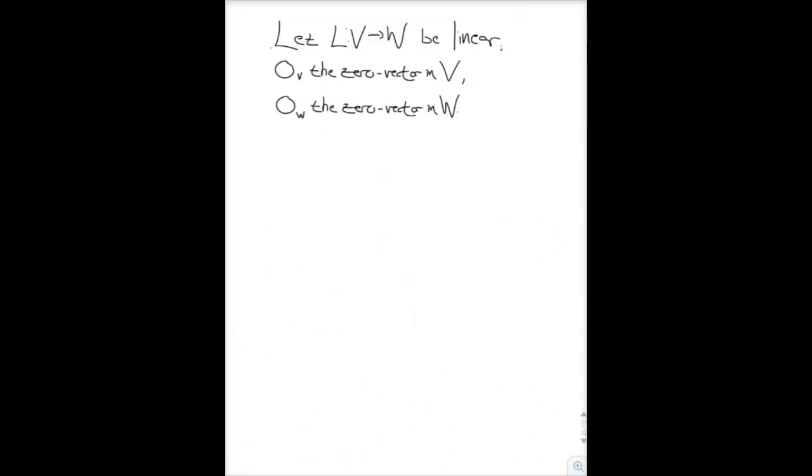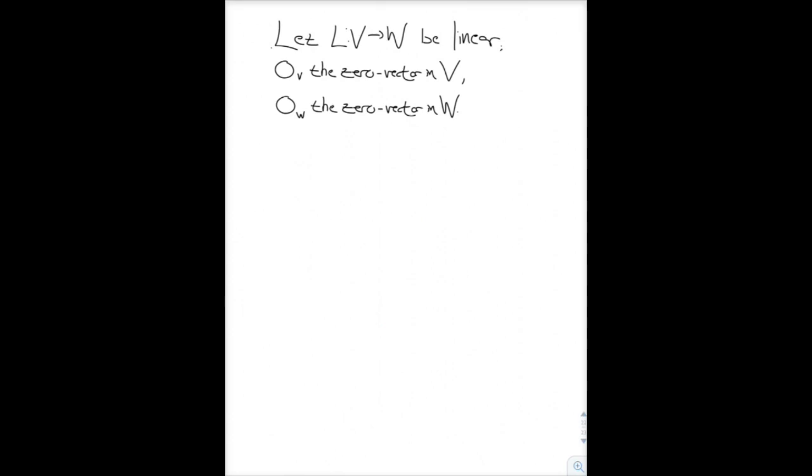To continue, let's make this observation. Let L be a linear map from vector space V to vector space W. Remember that every vector space has a zero element, in fact a unique zero element.